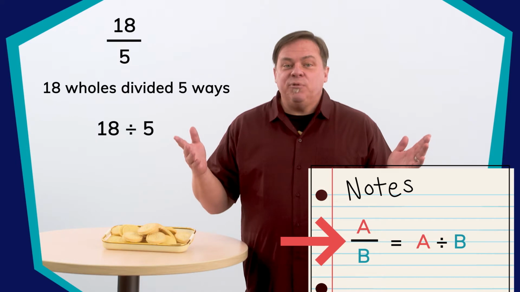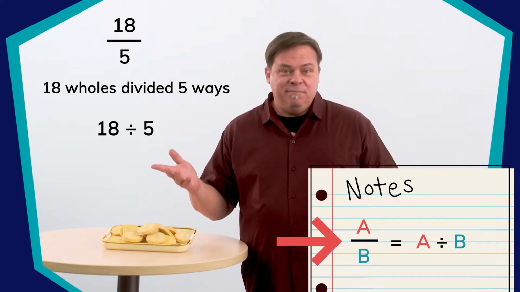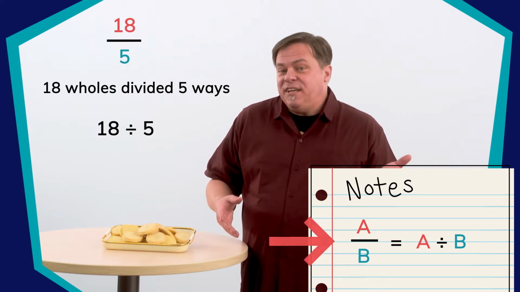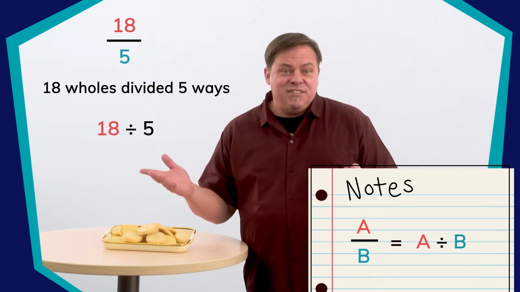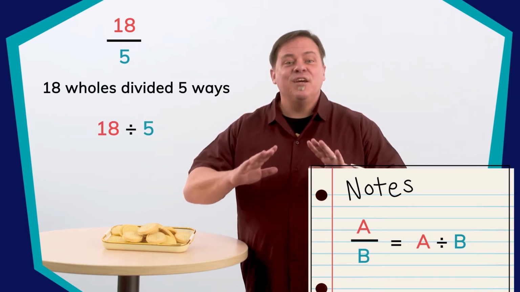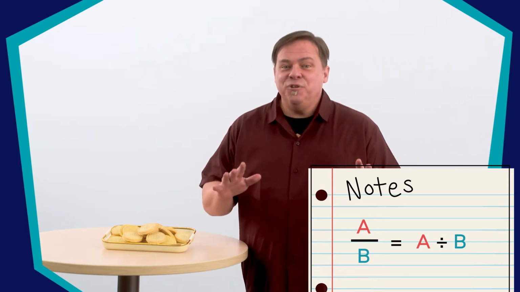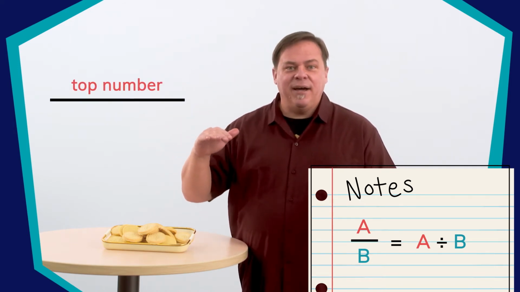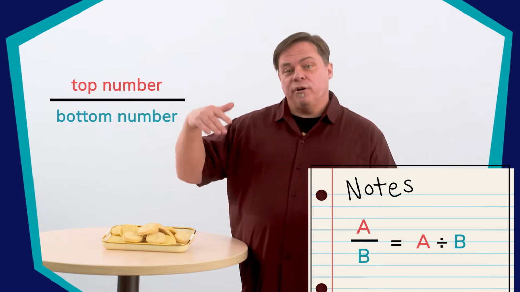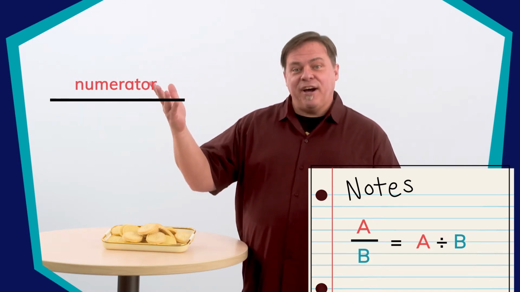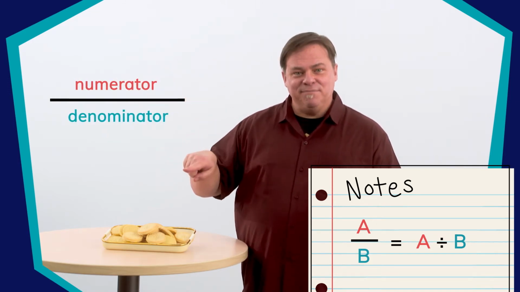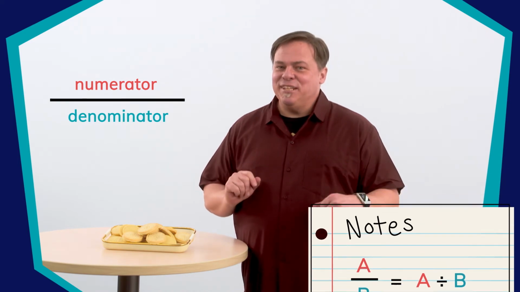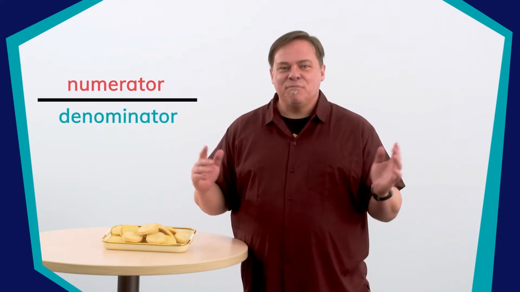A over B equals A divided by B. 18/5 equals 18 divided by 5. No matter what, you can think of fractions as top number divided by bottom number, or numerator divided by the denominator.